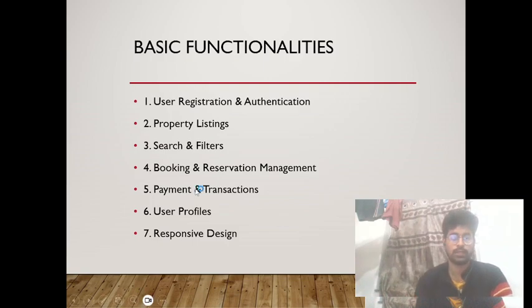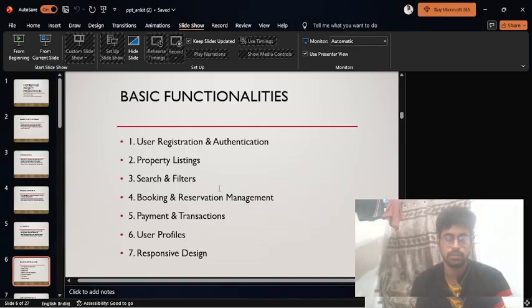We want to book the place with payment and transactions, which makes user profile and responsive design. Let's see in the project how to book a place, and how payment and transaction work with user profile and responsive design.